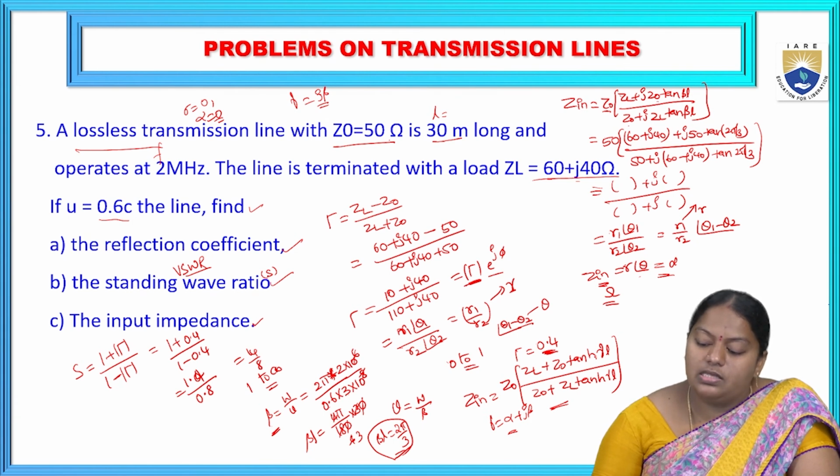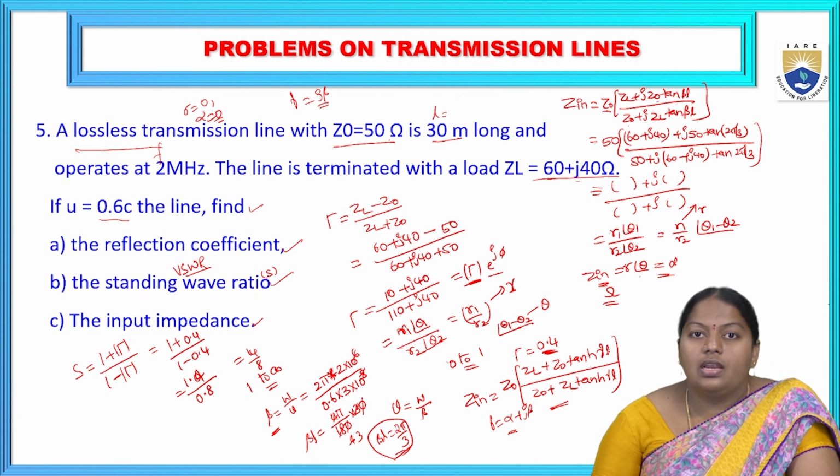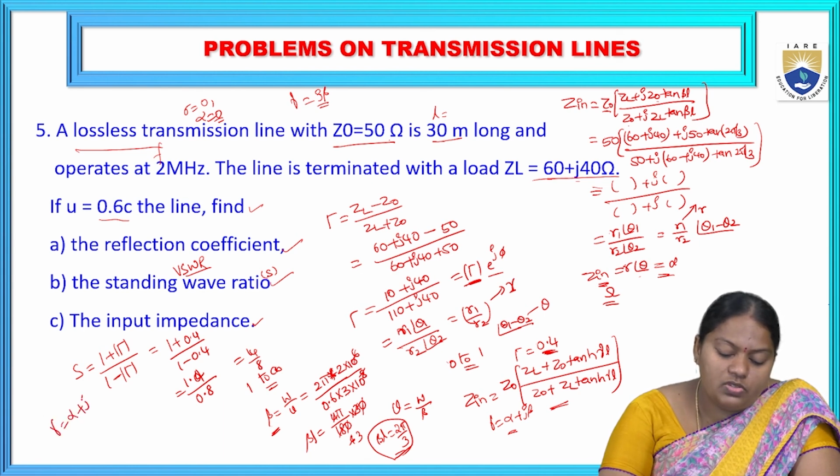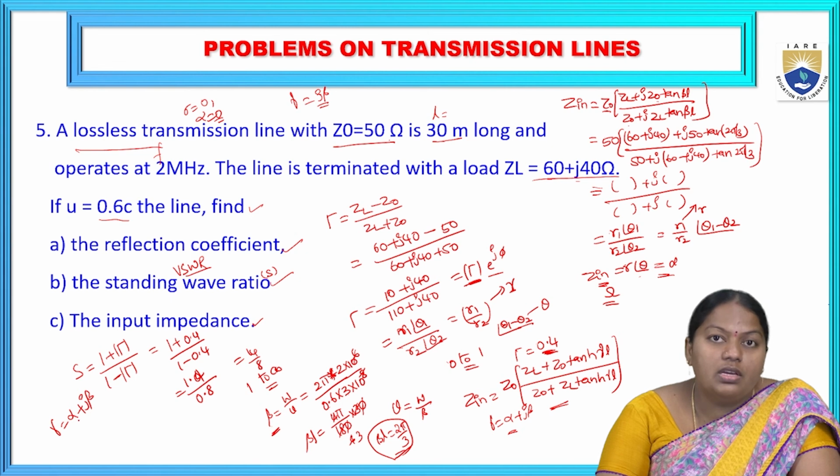If it is lossless, then alpha becomes 0, and gamma is replaced by j beta. Means gamma is equal to alpha plus j beta, and if alpha is equal to 0, then gamma becomes j beta.